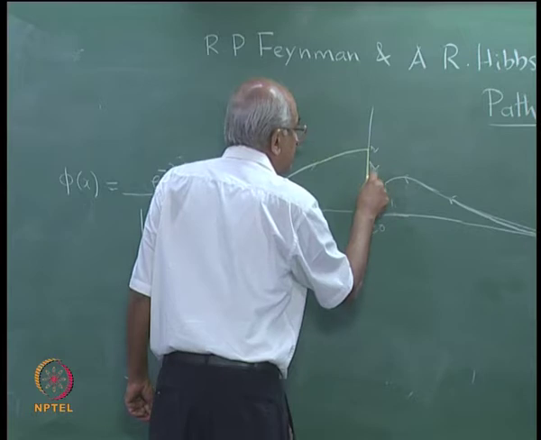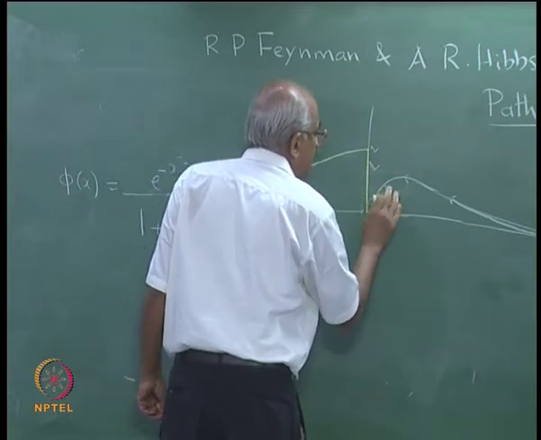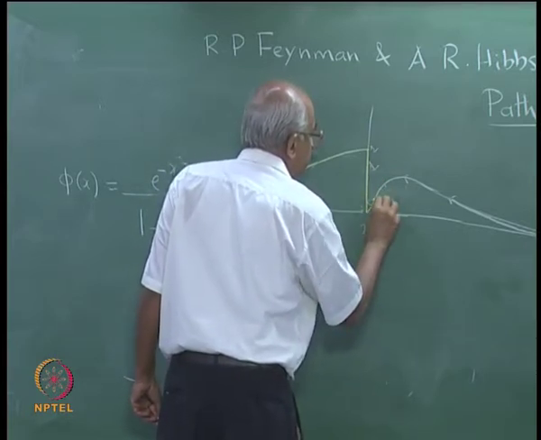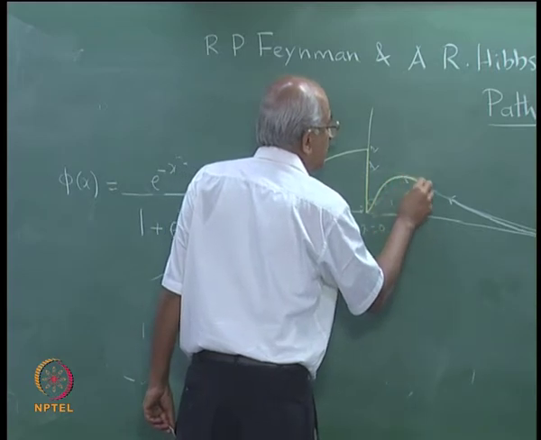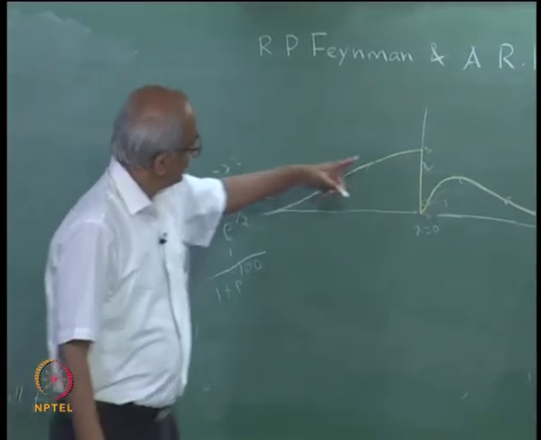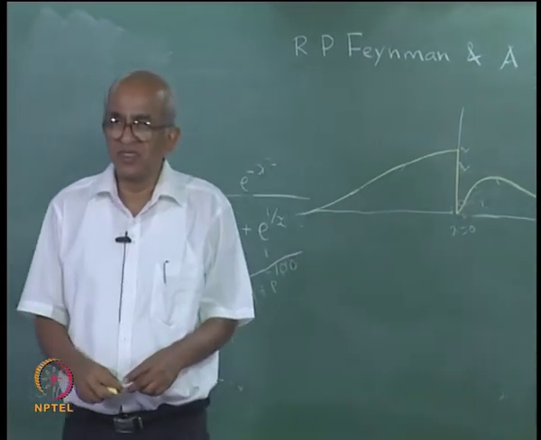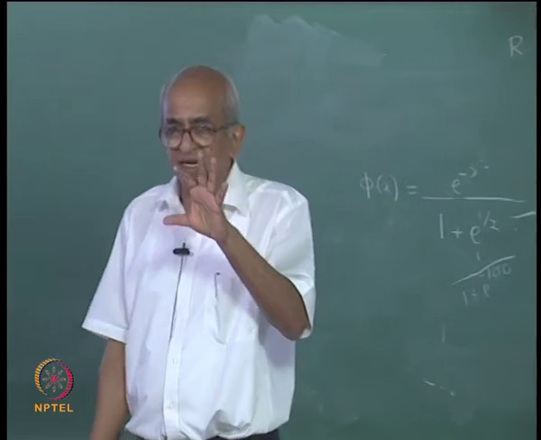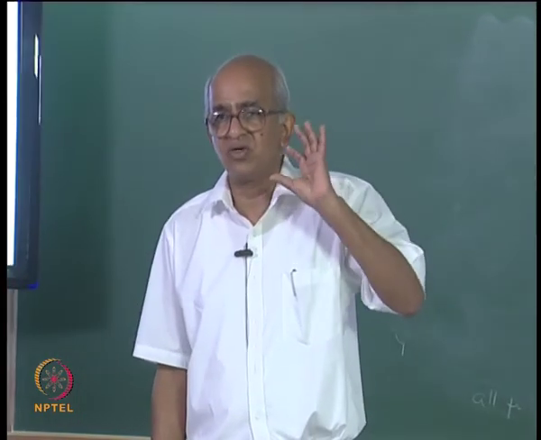It suddenly jumps and then it does this. So, you say that this function is discontinuous, it has a sudden discontinuous behavior at x equal to 0.